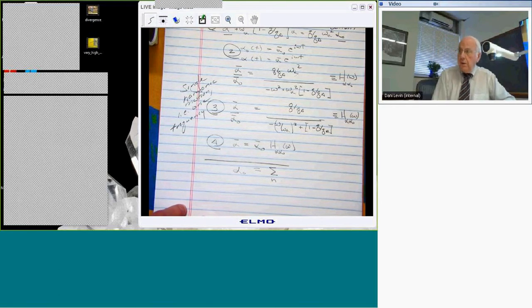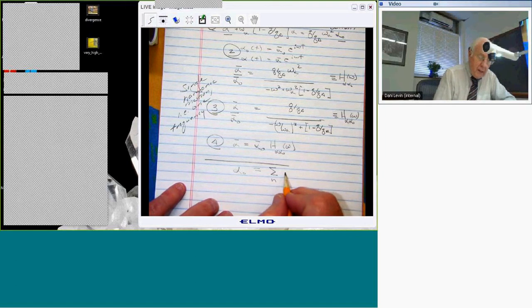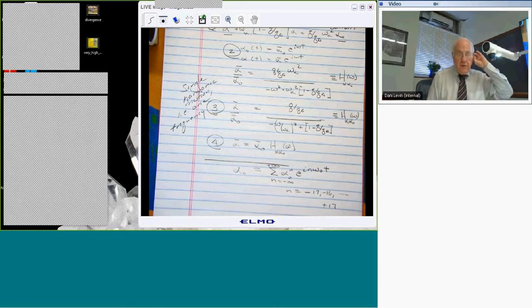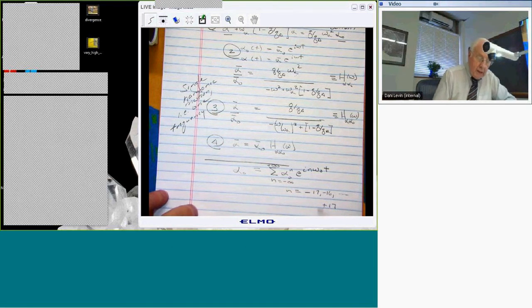In fact, we will want to look at that general case. And now we'll have alpha naught super n e to the i n omega naught t, and n is any integer: minus 17, minus 16, up to plus 17. Actually it goes to infinity, right? But lots of them in principle. Omega naught is usually called the fundamental frequency.